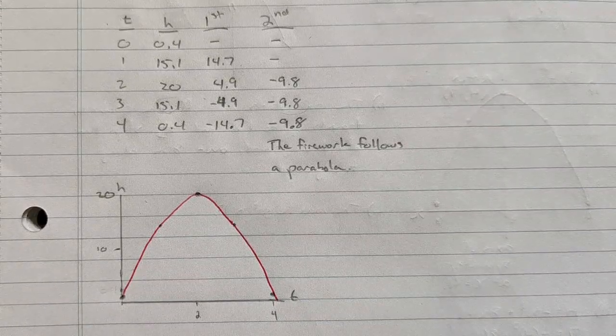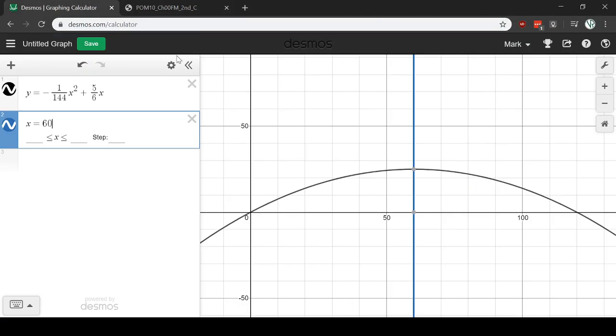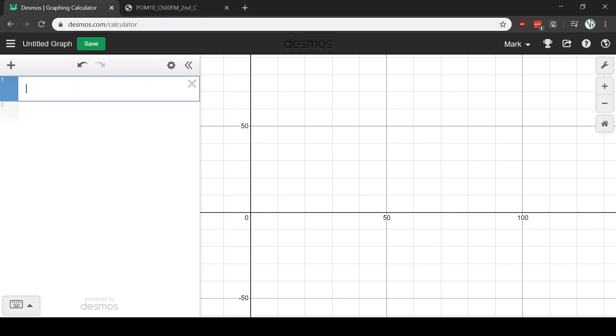So there's a quick sketch of it, or we could use graphing technology, so we could just switch over here to Desmos, and you could just pop in that equation. Okay.